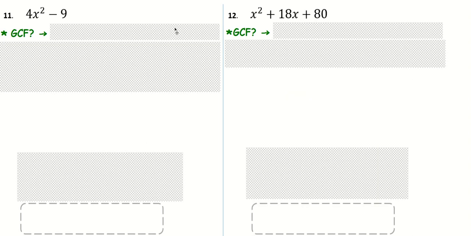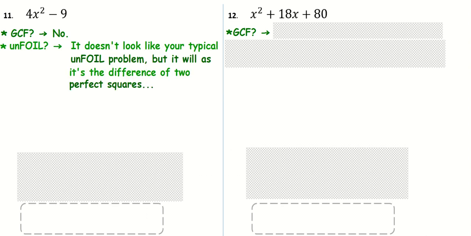And that is your answer. Phoenix method. Number 11, is there a GCF? Nope. So if this unfoils, considering it's only got 2 terms, for this to unfoil, it needs to be the difference of 2 perfect squares.